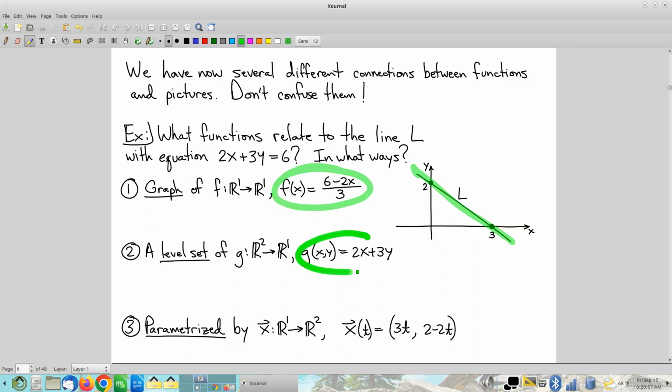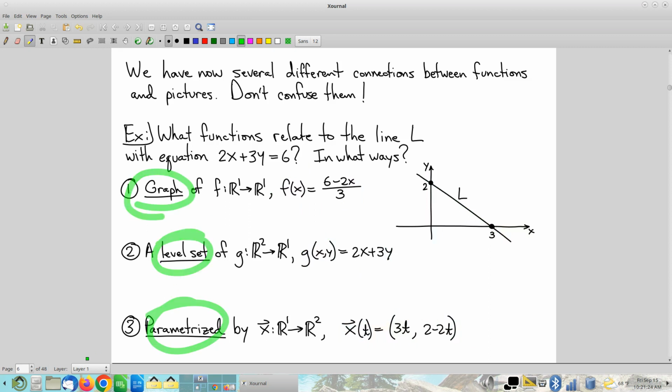Am I looking at a function for which this is a level set, or a function that parameterizes this curve? Which of these functions should I be looking at, because the calculus of what am I going to be computing? So it's very important to always have a crisp, clear, unambiguous idea in your mind of which kind of picture you are looking at, and then interpret appropriately.